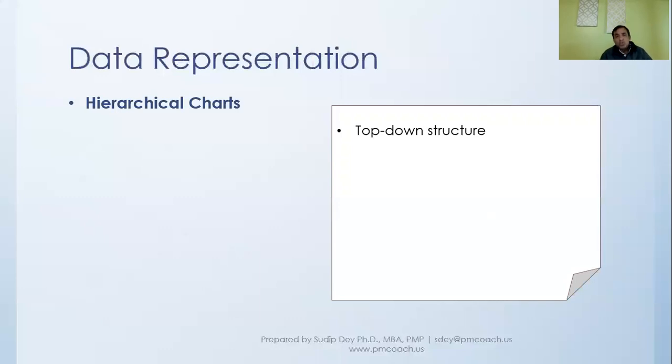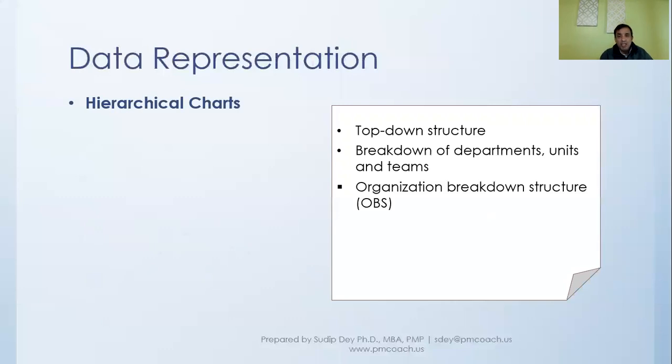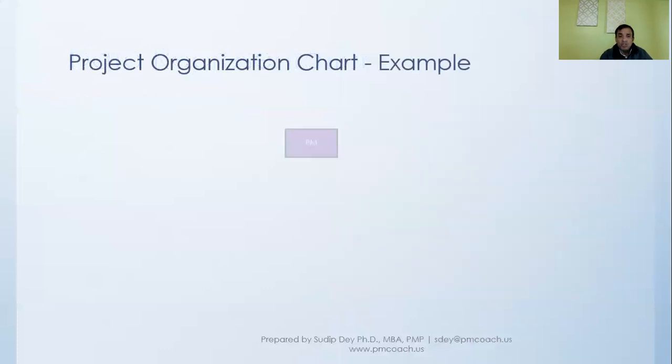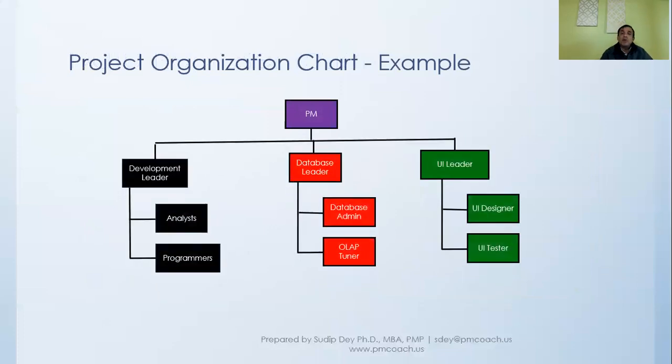Hierarchical charts are really the top-down structure, and these are breakdowns of departments, units, and teams. For example, we are talking about the organization breakdown structure.